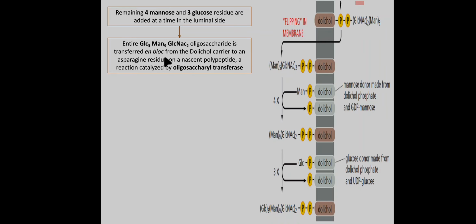N-acetylglucosamine oligosaccharide is transferred en bloc from the dolichol carrier to an asparagine residue on a nascent polypeptide, a reaction catalyzed by oligosaccharyl transferase. So this unit is then transferred to the asparagine residue.